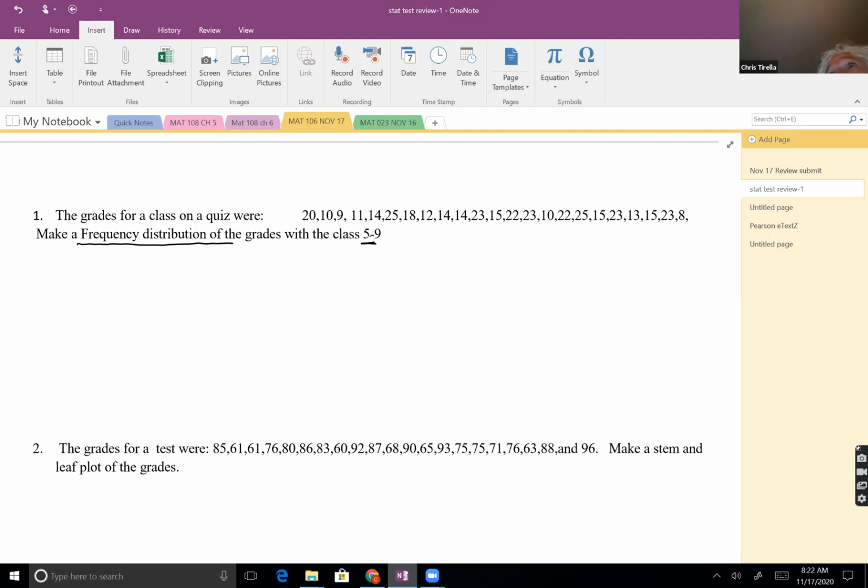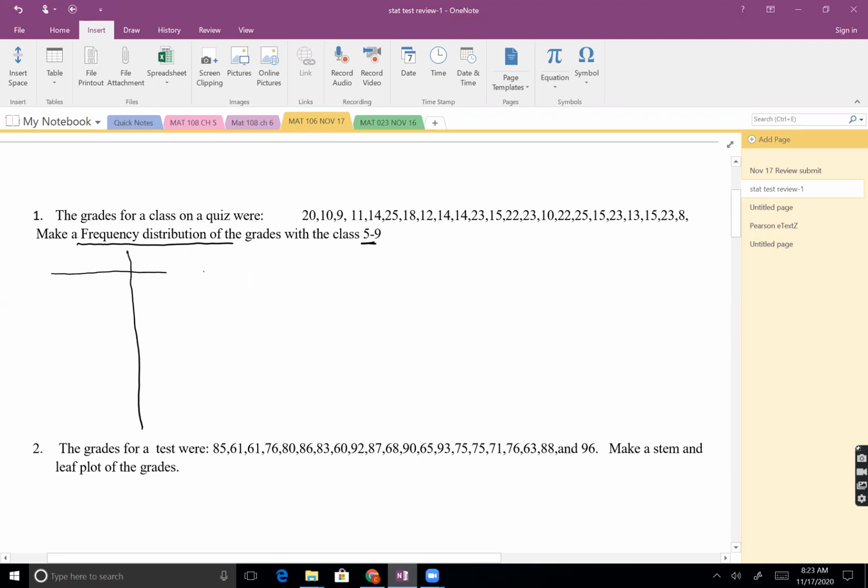Can you guys hear me all right? Yes. It's basically a sort of organization of data that shows us how many times a certain value appears in a set of data. Yep, it's just a table organizing the data.